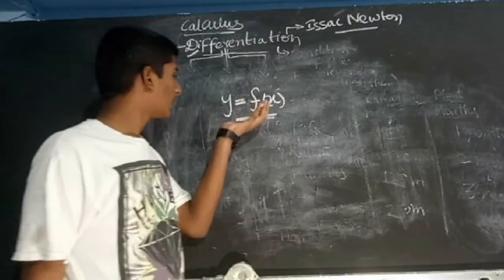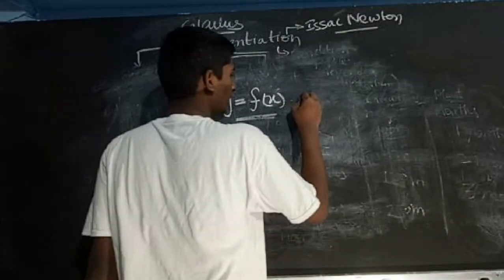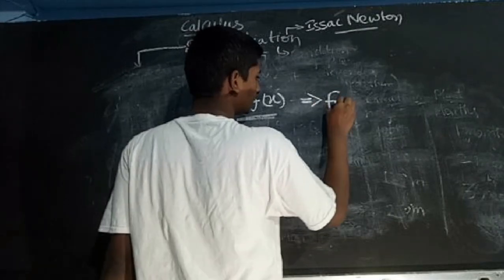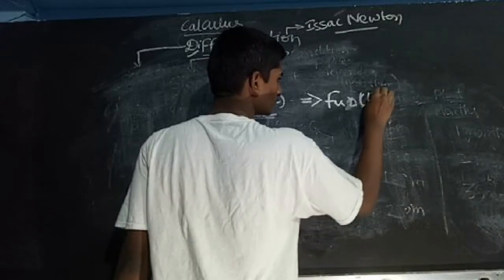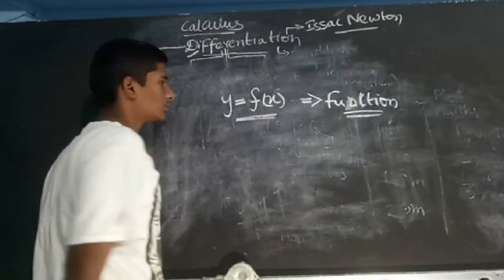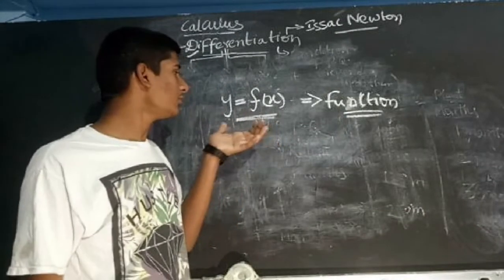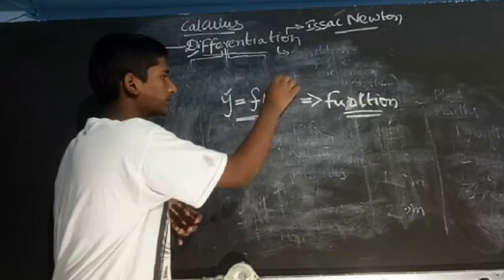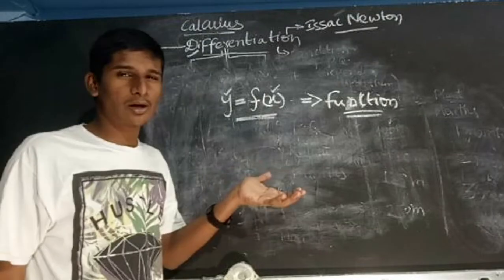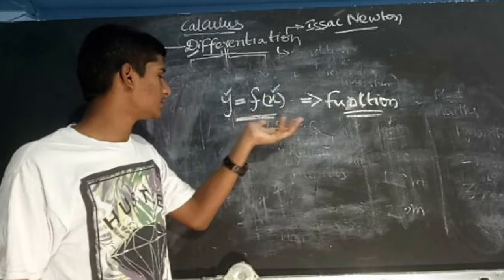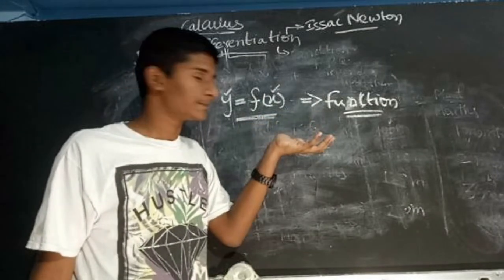I will say this is an expression, also called a function. Here we see two variables, y and x. How is this pronounced? y is equal to f of x, or y is equal to function of x. We have to pronounce it like this.